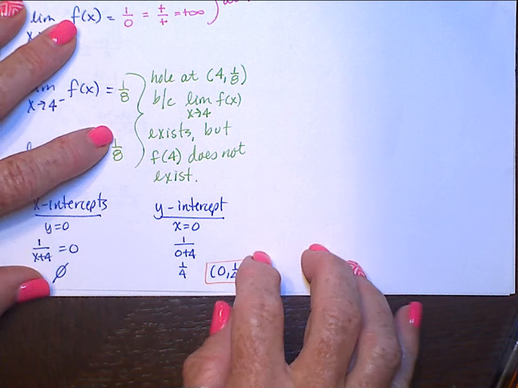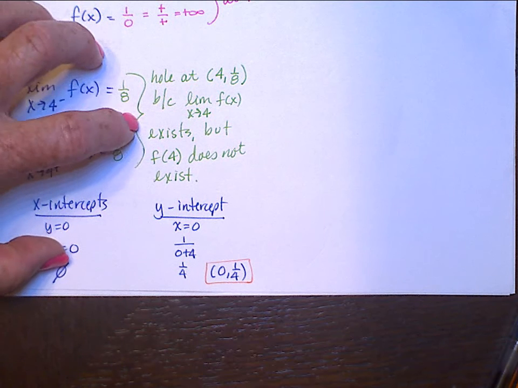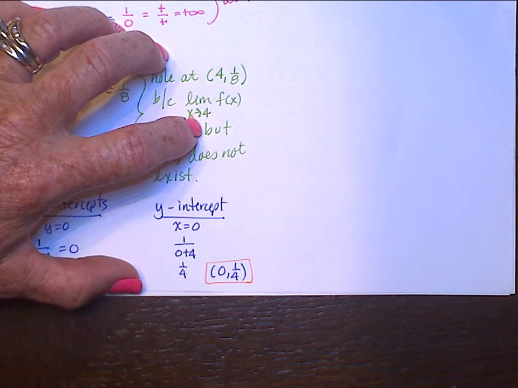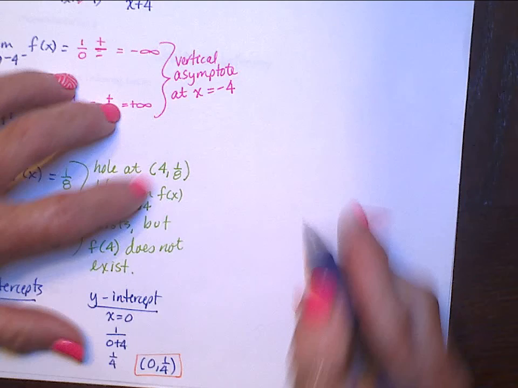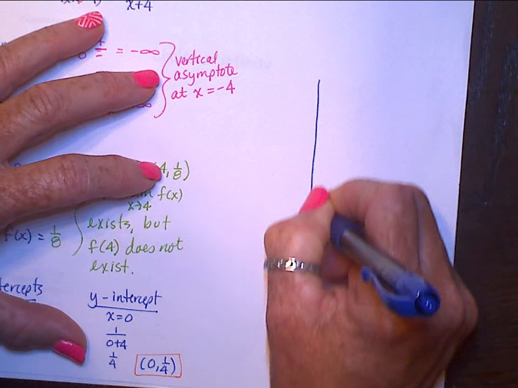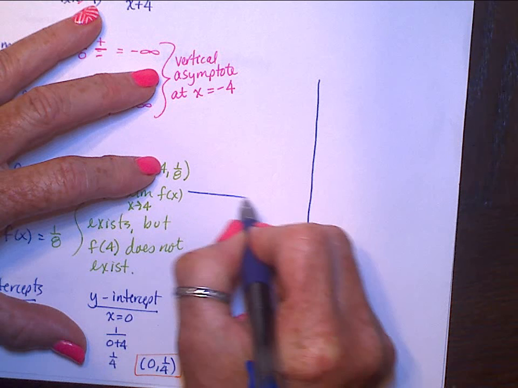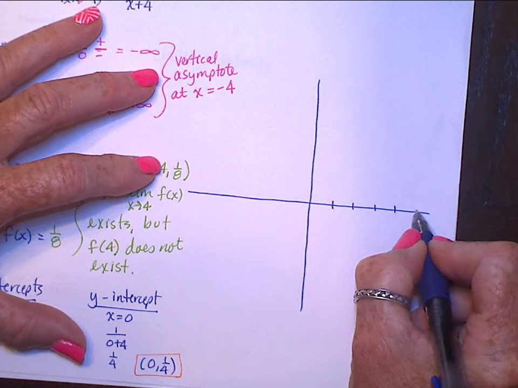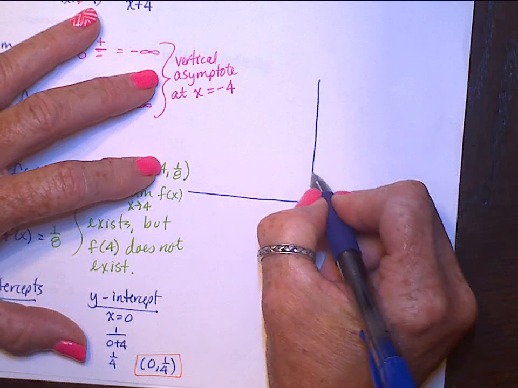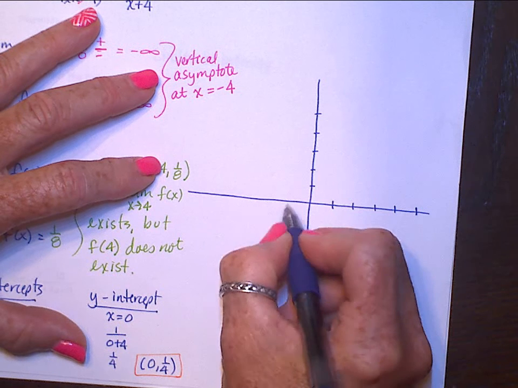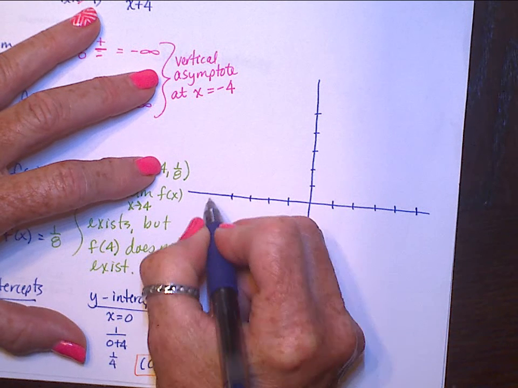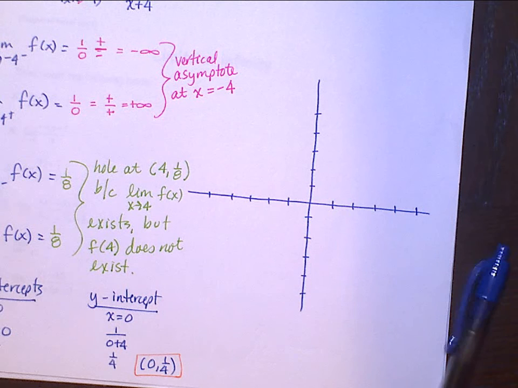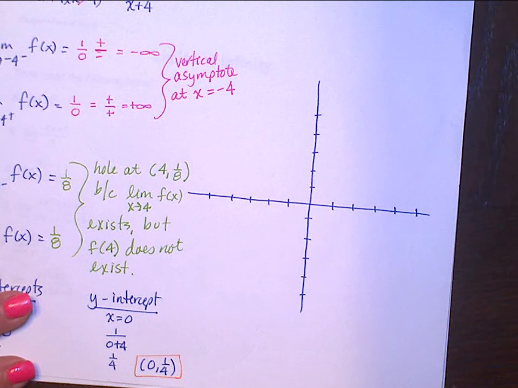All right, let's sketch this graph. I'm looking for a ruler and I don't have one close by, so we'll have to freehand it. Okay, here we go.